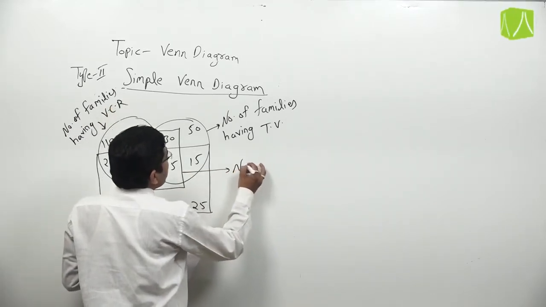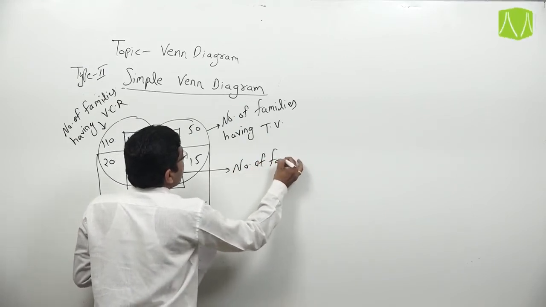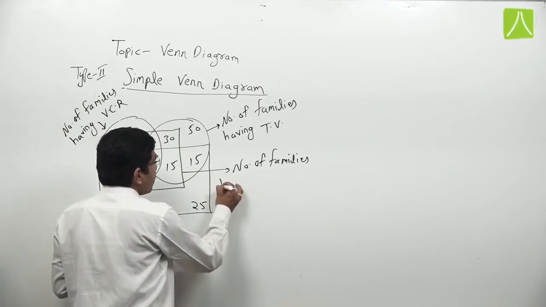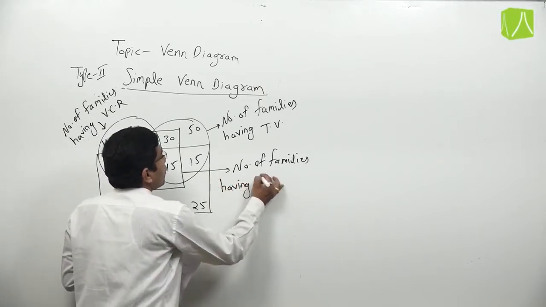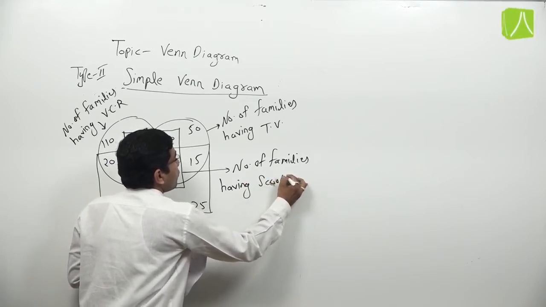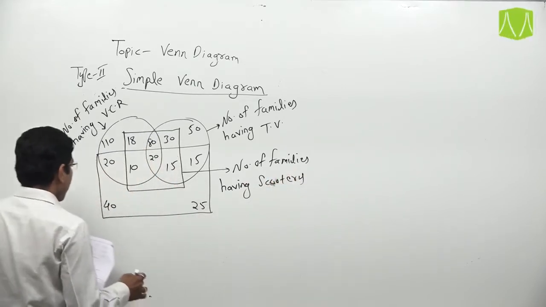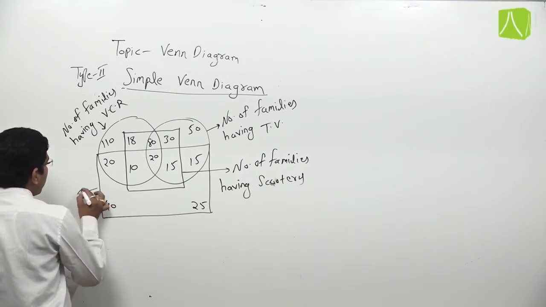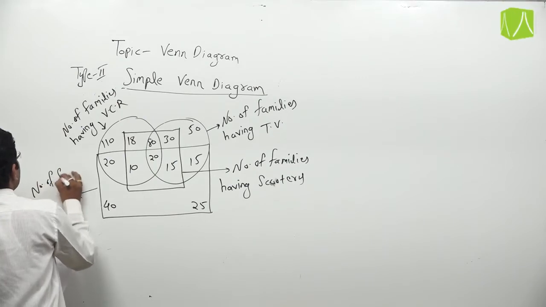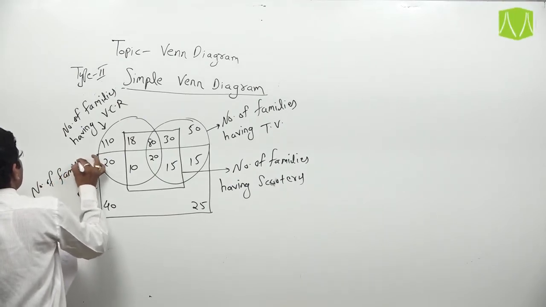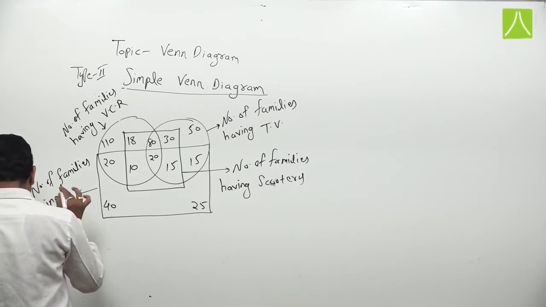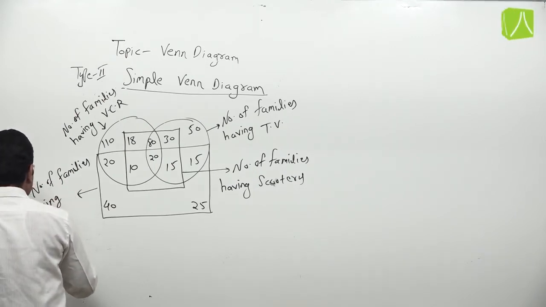Square denotes number of families having scooter. And rectangle denotes number of families having Maruti.